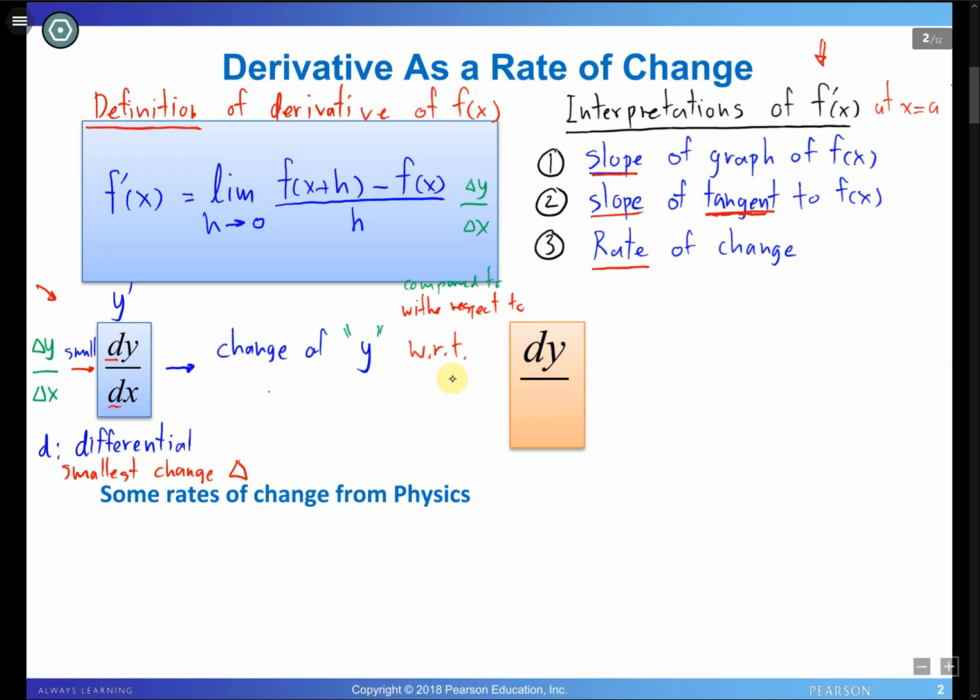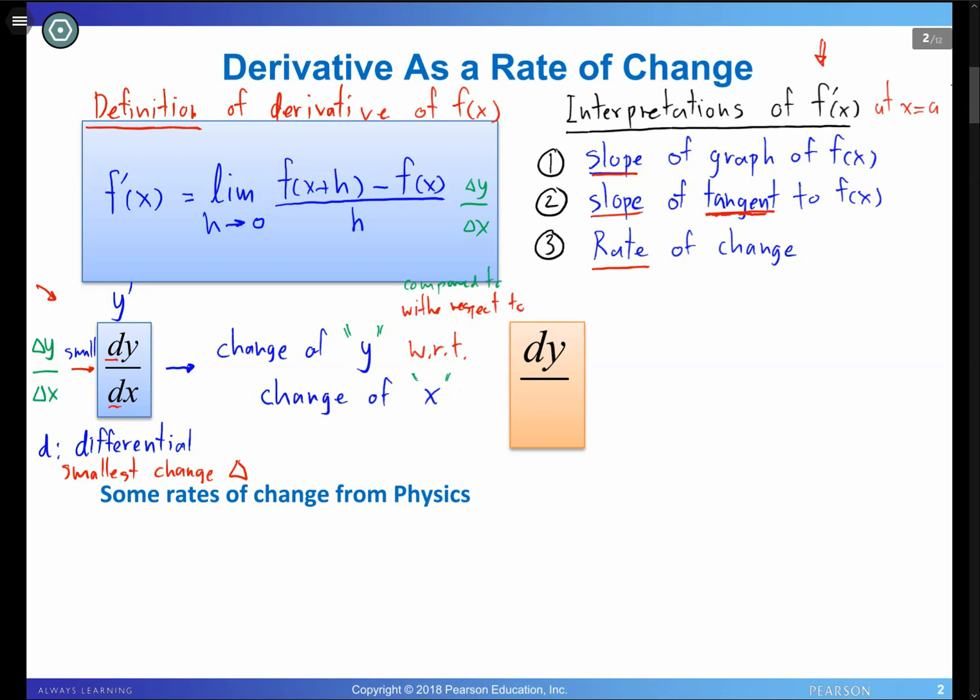So we have the change in x down here. Change of x. So we want to know how y changes when x changes. Alright, so that is sort of like observation here.